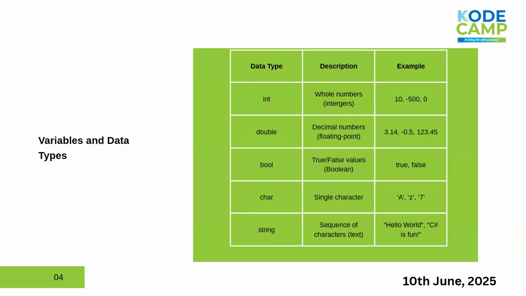Great. So for the Boolean, these are variables that tell if something is going to be true or false. And what do I mean by true or false? Let's say you are asked to create a variable that would determine if this student is a male or a female.